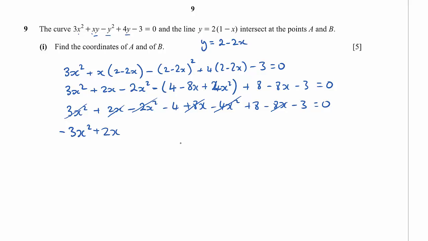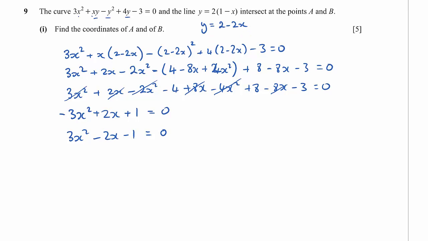And then with the numbers, we have got 8, take away 4, take away 3. So that's actually just plus 1. And multiply through by negative 1, and I've got 3x squared minus 2x minus 1 equals 0.